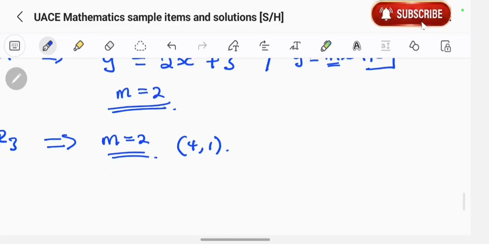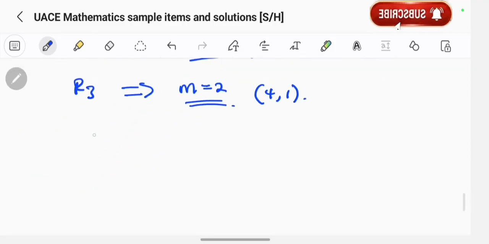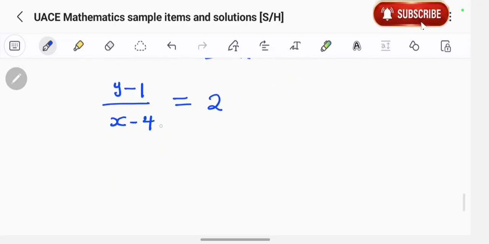It's a longer route. Take the shorter route. Just y minus 1 over x minus 4. So this is the formula of finding the gradient: change in y over change in x is equal to the gradient. So take this, that side. It's going to be y minus 1 is equal to 2x minus 8.